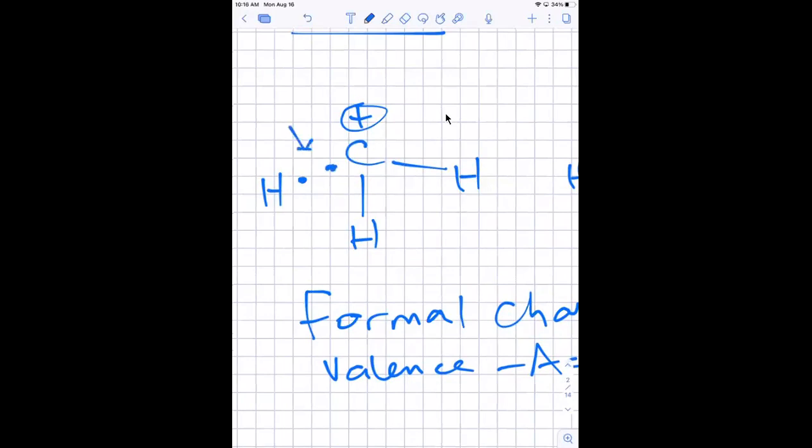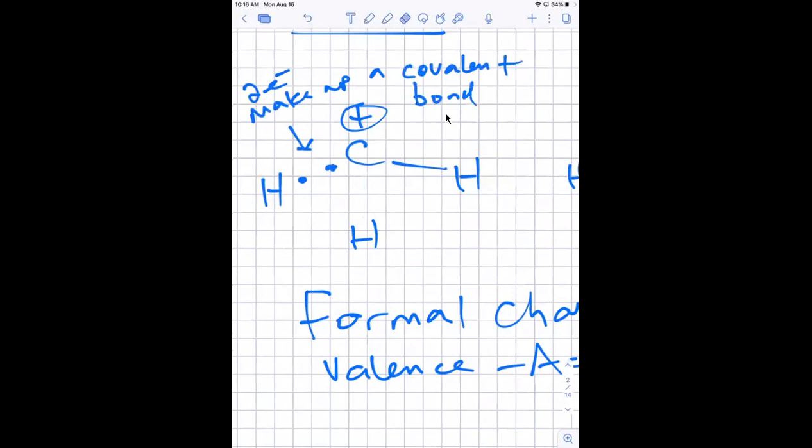Good. There's always 2 electrons to make up what we call a covalent bond, which we're going to talk about also. So every one of these bonds has 2 electrons in it, right?